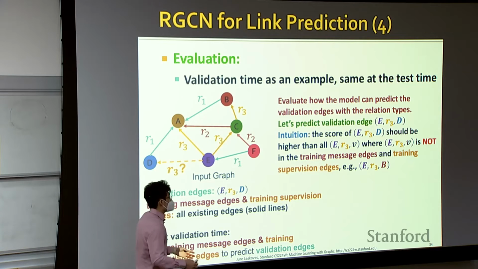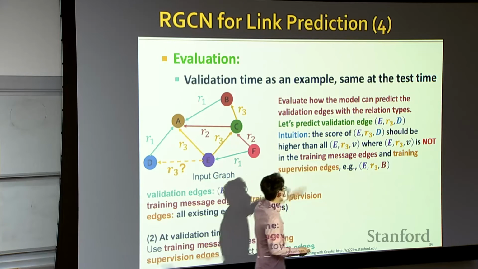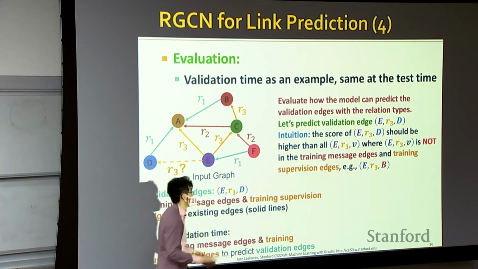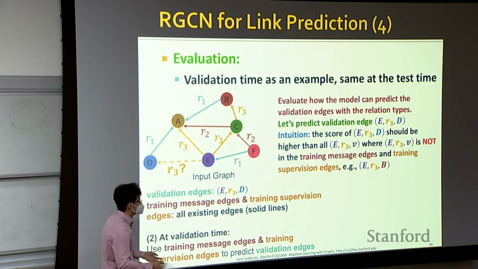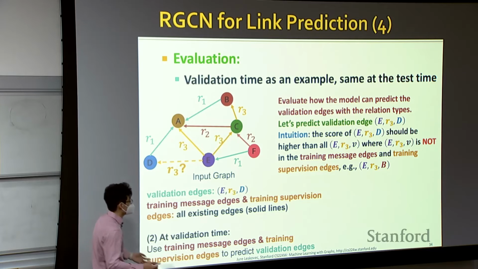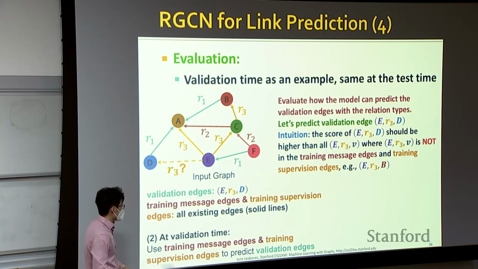To make such a prediction, our intuition is that the score of (E, R3, D) should be higher than all the remaining negative edges that are not in the training message edges and training supervision edges. So this is what we hope the model will be able to predict in this evaluation stage.